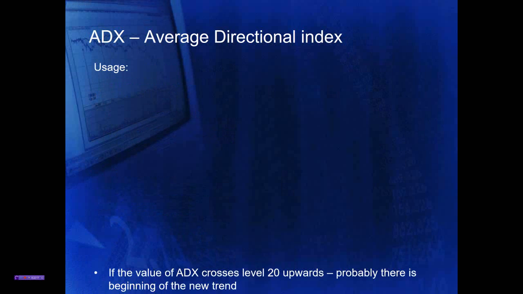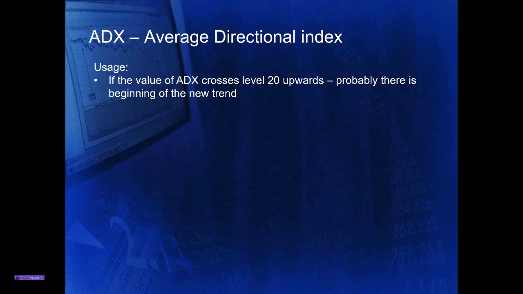And now for interpretation. If the ADX crosses the level 20 from the bottom upwards, that means it was oscillating below 20, showing you no trend, and then it crosses 20 upwards, probably there can be the beginning of a new trend. How strong the new trend is going to be, you can guess from your experience and from the angle that the ADX line has with the level of 20, or how sharp the entry into the range is.